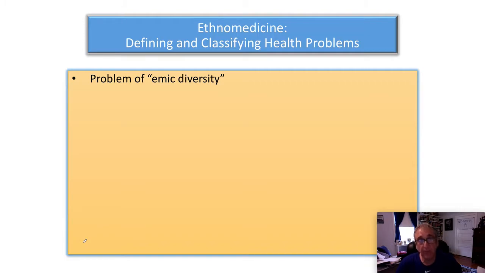Within medical anthropology, there's a problem, and the problem is emic diversity. If you remember what emic means, it means things seen from the point of view of cultural insiders. So in other words, there's a lot of diversity out there in the world over how people understand and classify health and health issues, sickness. How they understand sickness.